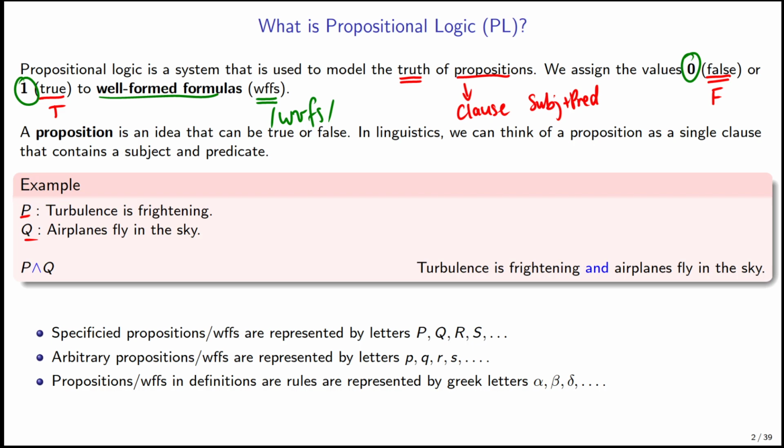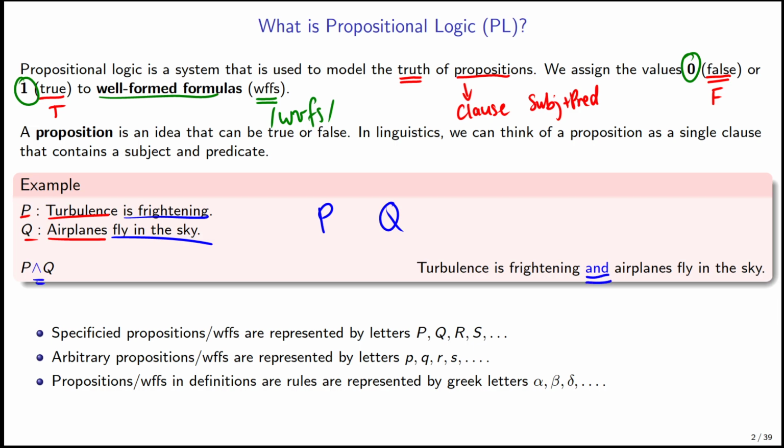In each of these, we have the subject. Turbulence is the subject in the first sentence, and airplanes is the subject in the second proposition. And then our predicates are is frightening in the first and fly in the sky in the second. So if we give each sentence a letter, P and Q, we can conjoin them together with the word and.